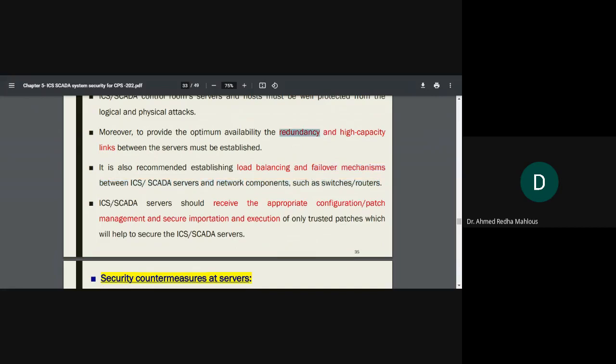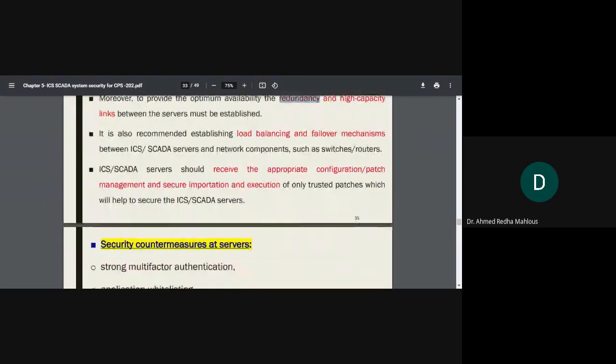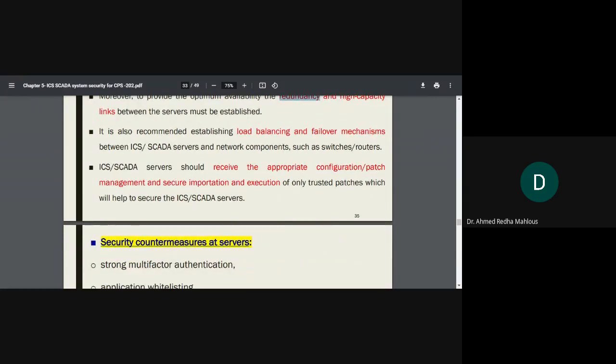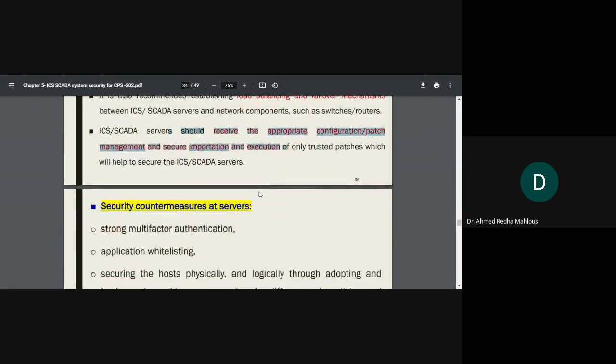There should be an automatic action that triggers when one device fails, so the other one takes its place. Also, you should receive appropriate configuration patches for those devices. If you have any applications or operating systems running on them, they should be up to date.